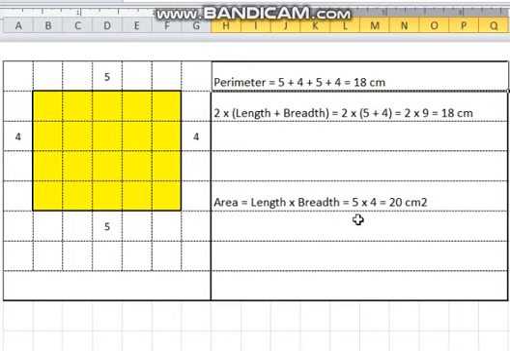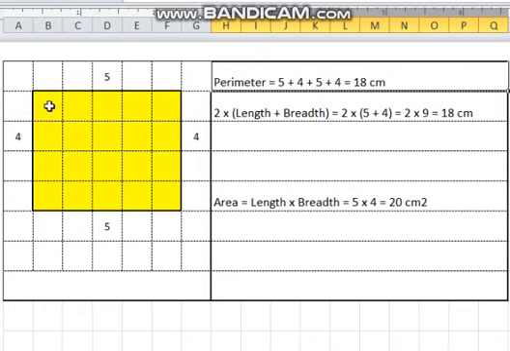And then how about the area? Can you see the area? I hope you can see. Please remember, I have said this so many times, that math is not only about calculation, it's also about observation. If you observe this, how do you get the 20?